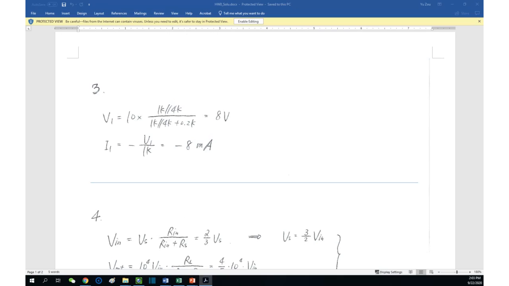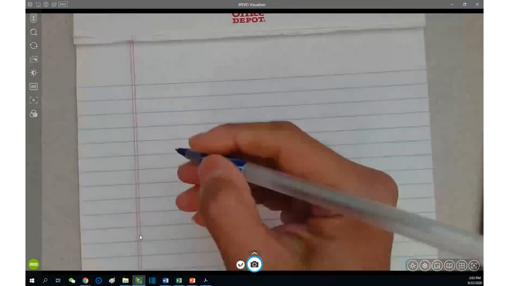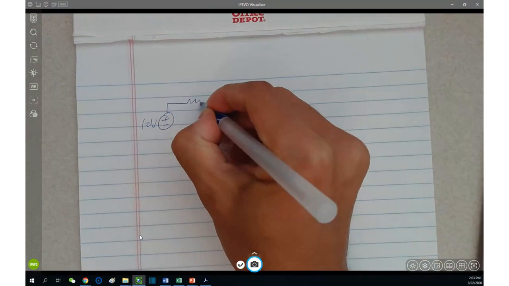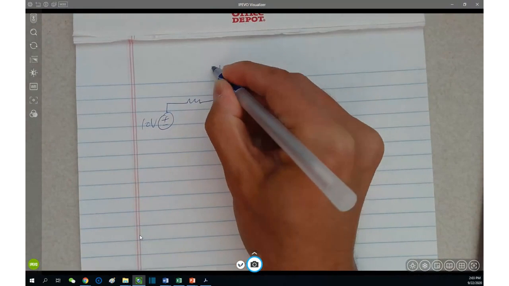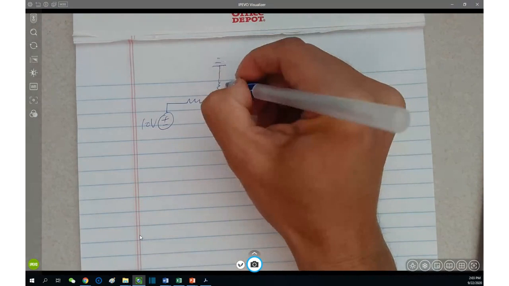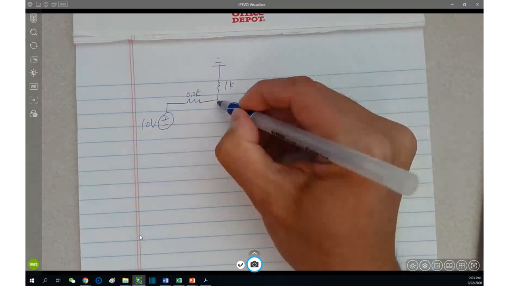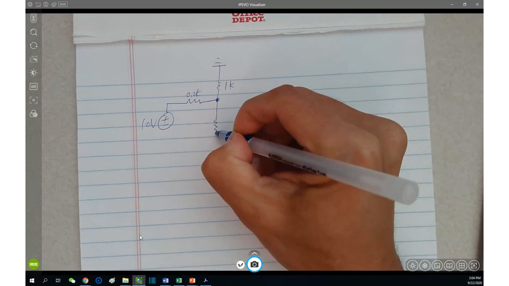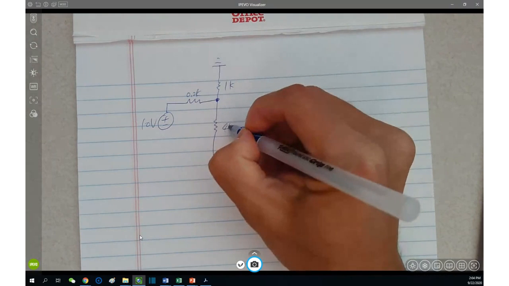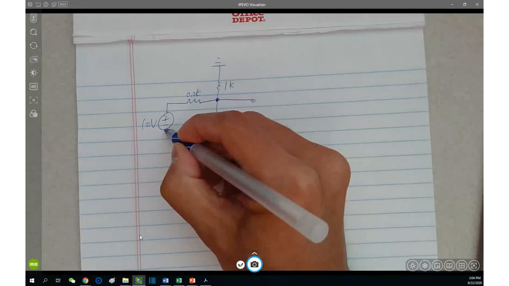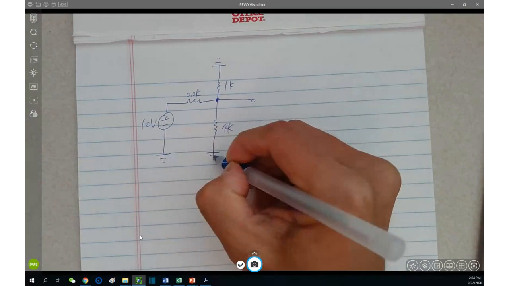Right here. You have 10 volts here, one kilo here and 0.2 kilo. Most of you did this problem very well, but there are just a couple of students whose concepts need to be refreshed.